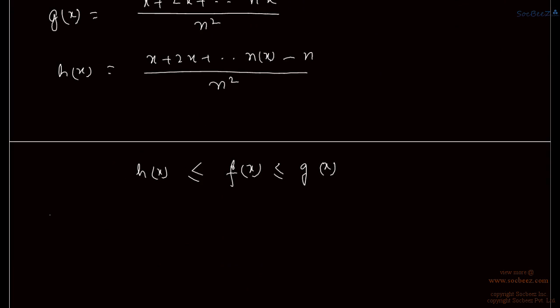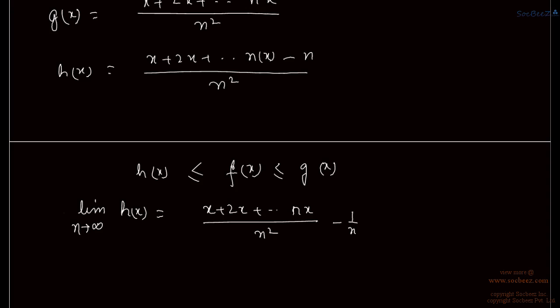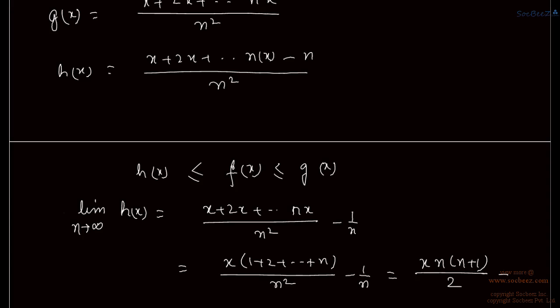And if we see the limit n tends to infinity, h(x) is equal to x plus 2x plus dot dot dot nx upon n square minus 1 upon n, which is equal to x times 1 plus 2 plus dot dot dot plus n upon n square minus 1 upon n, which can be written as x into n plus 1 upon 2 n square minus 1 upon n.